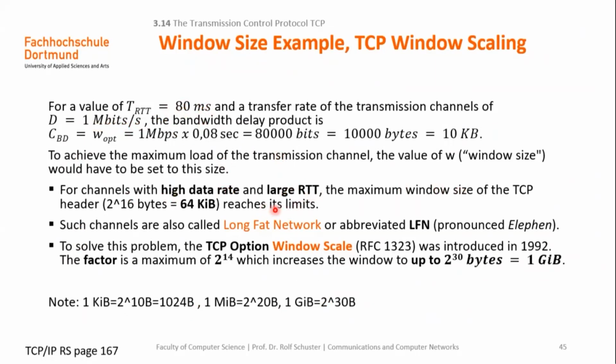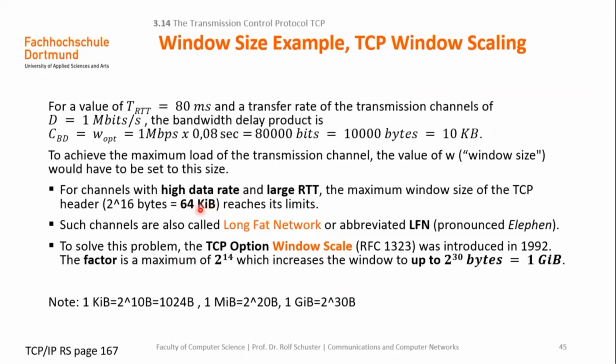reaches its limits. That is the limit of the window. The window is coded with 16 bits. Then 2 to the 16 bytes is the maximum length of the window. That is 64K bytes.